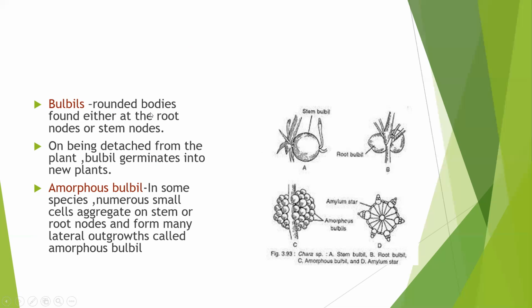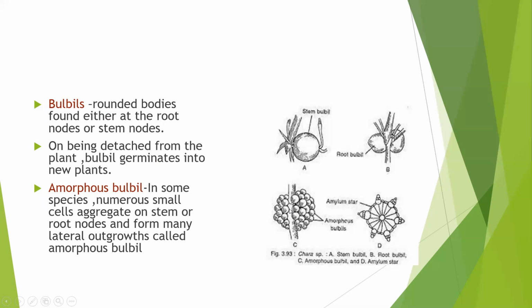Bulbils are rounded bodies found either at the root nodes or stem nodes. These are the bulbils. On being detached from the parent plant, these bulbils germinate and give rise to a new plant. Then another method, the amorphous bulbil.